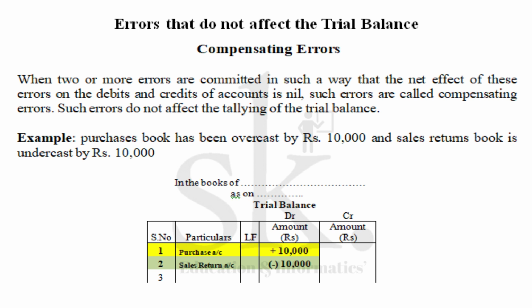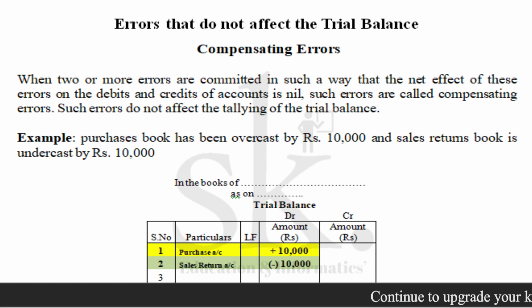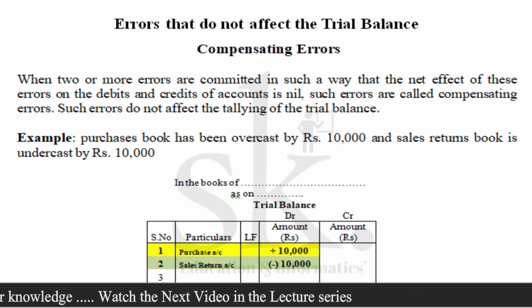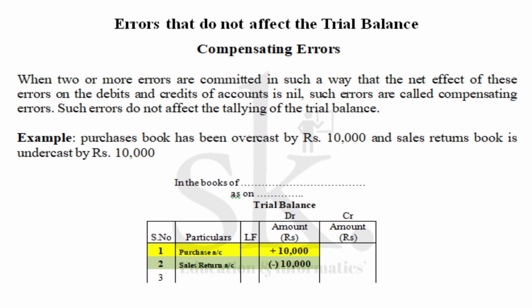Now it has been said that purchase has been overcasted by 10,000 rupees. So you can understand your debit side, since purchase is an expense, is 10,000 rupees more than your credit. On the other side, sales return is undercasted by 10,000. Now sales is credit, so sales return has to be debited. Sales return, which is on the debit side, has been undercasted by 10,000.